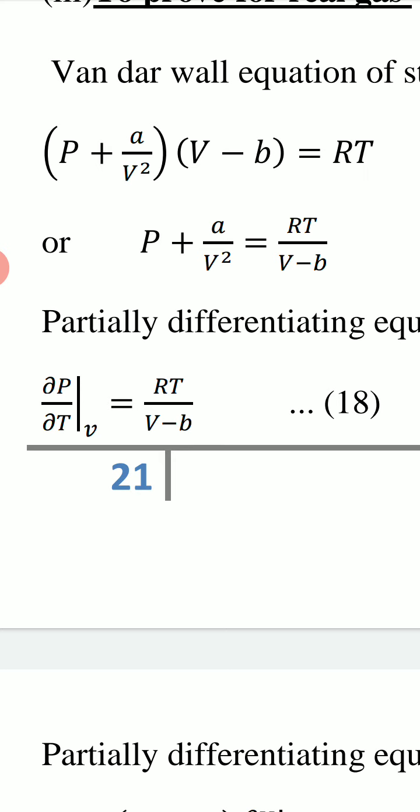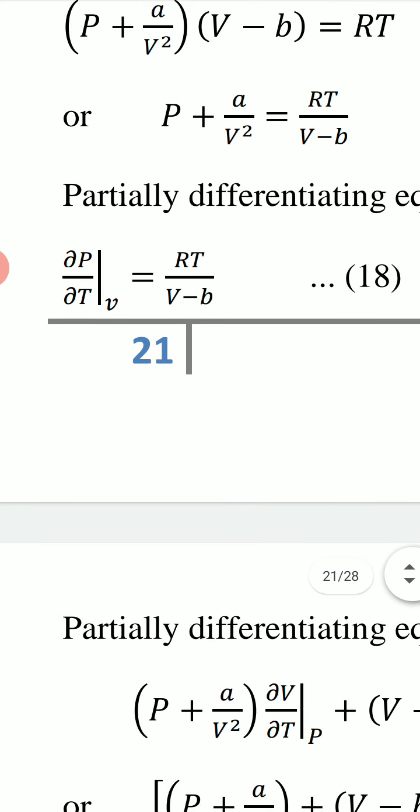Now from this relation we have P plus a upon V squared equal to RT upon V minus b. And from this relation we can find ∂P/∂T at constant V. If V is assumed constant, then partial differentiation of P with respect to T will give R upon V minus b.